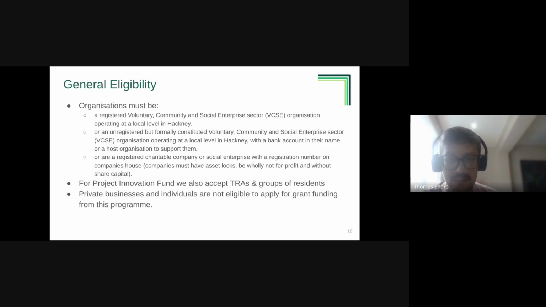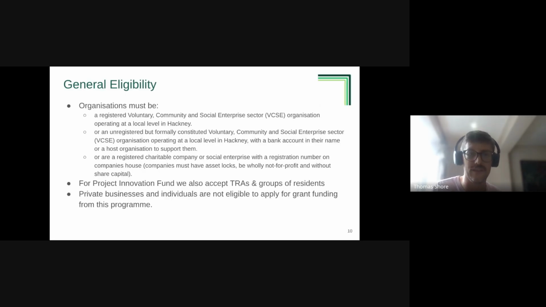Also be a registered charitable company or social enterprise with a registration number on Companies House or Charity Commission. Companies must have asset locks and be wholly not-for-profit without share capital. For the Project Innovation Fund, we also accept applications from tenant and resident associations and groups of residents. Private businesses and individuals are not eligible to apply for grant funding from this programme.